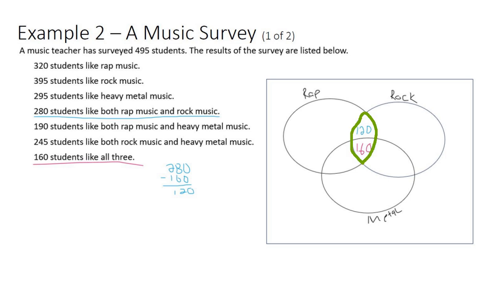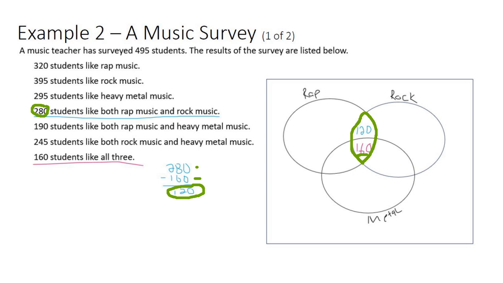So that's the intersection, and we know that 280 students like rap and rock. So if we look at this intersection of both circles, I already have 160 students sitting there, right? So what I need to do is take my 280 and subtract the 160, and that's going to give me 120 students that I can place in this region here. Okay, so together, if you add the 120 and the 160, you get 280. So that's your intersection of rap and rock.